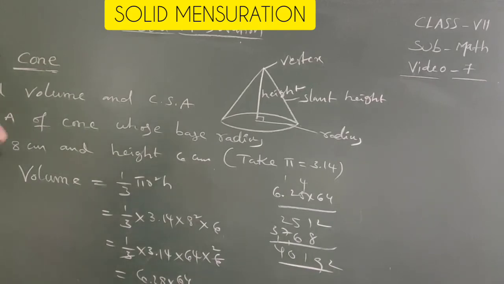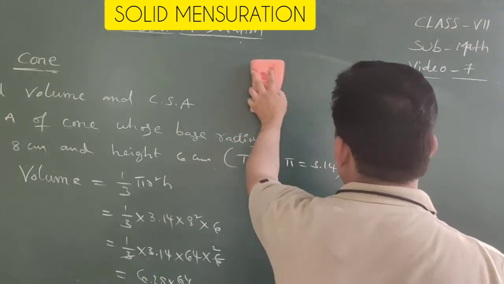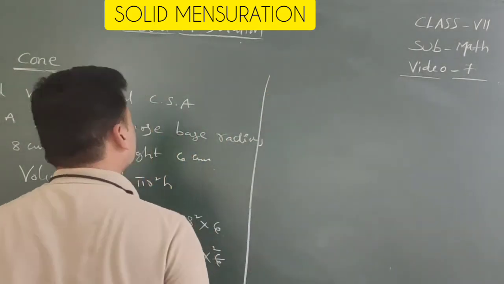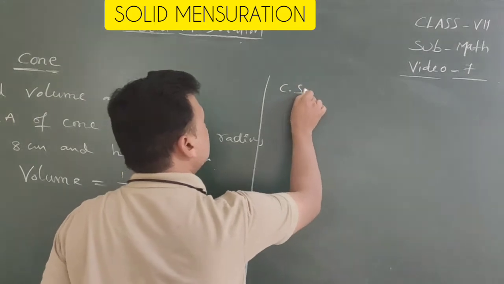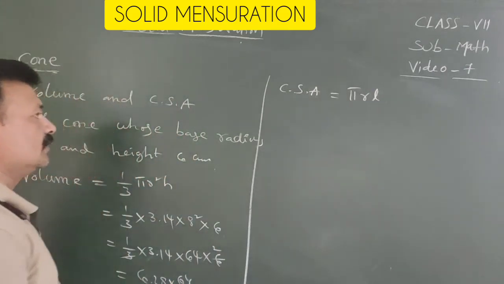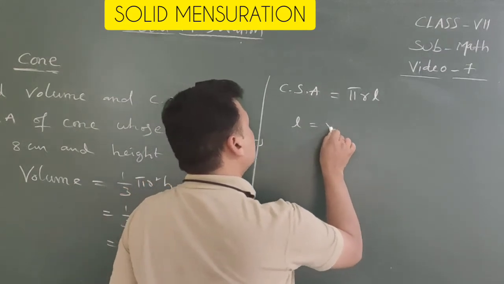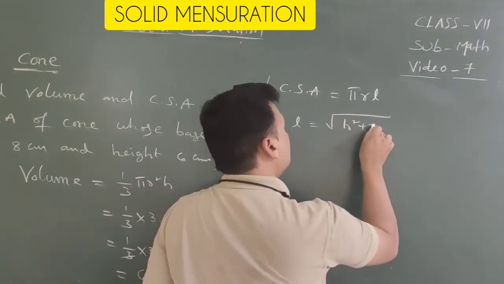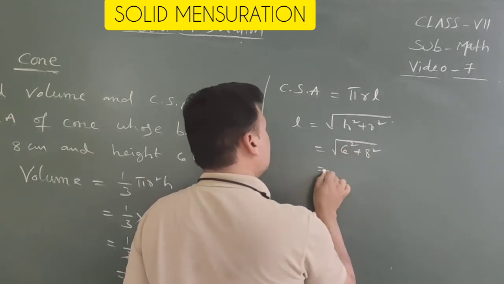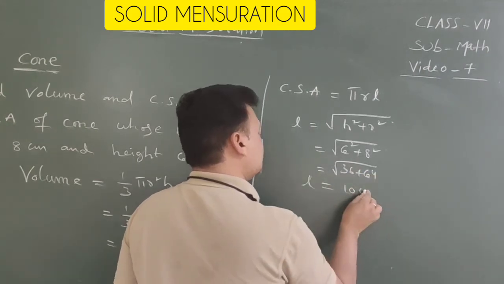Next, they asked CSA. Here pi r L, but L is not given. But with the help of h and r, we can find L. L is the square root of h square plus r square, that is 6 square plus 8 square, 36 plus 64, 100. L is 10 centimeters.